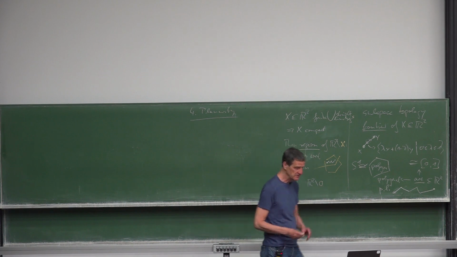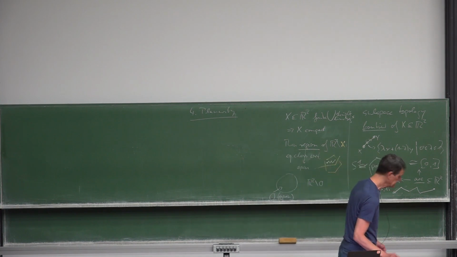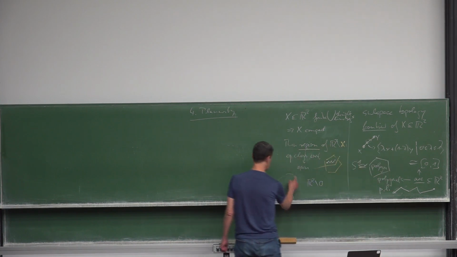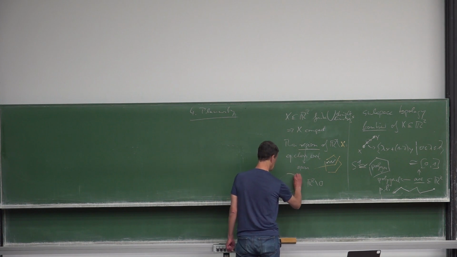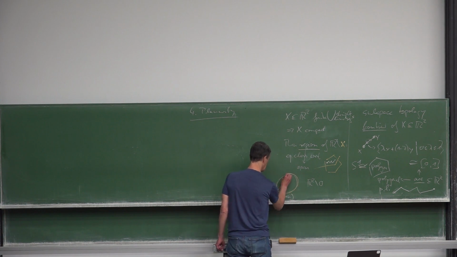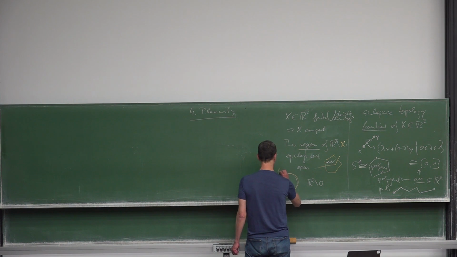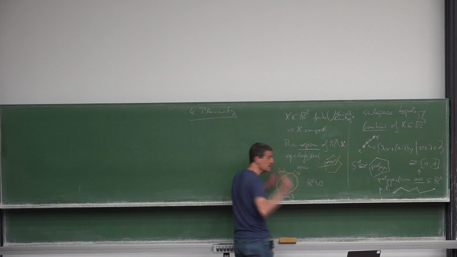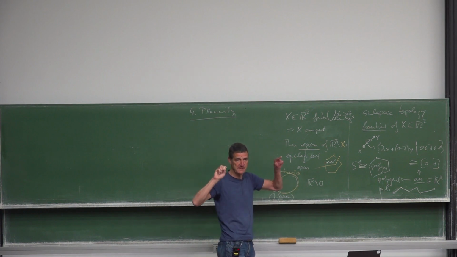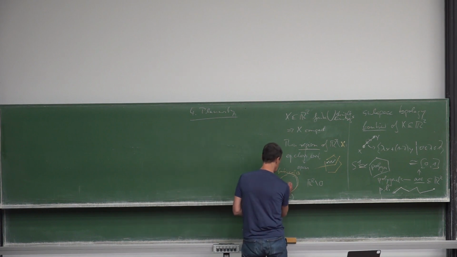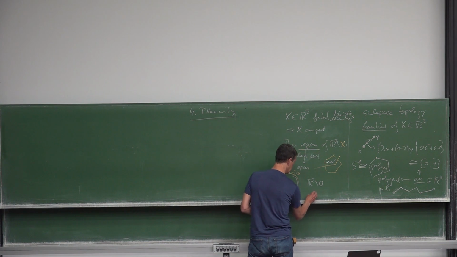And the assertion now is that the frontier of O separates, not in the graph sense, separates O from the complement.